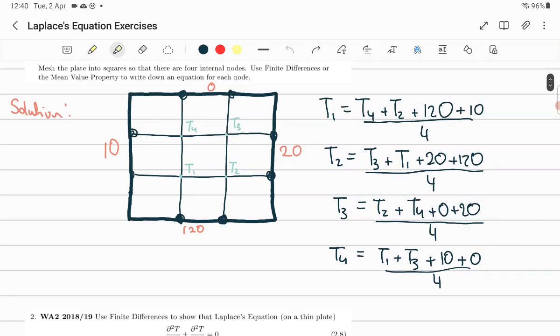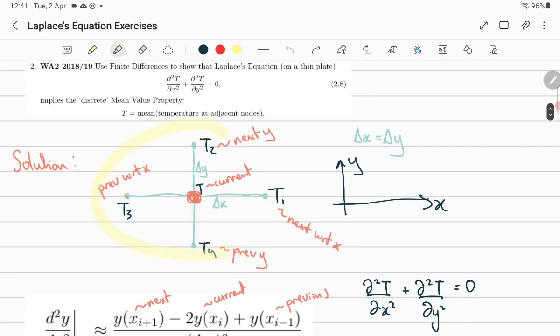And then each of the internal points, look at them, T1, T2, T3, T4, they all have 4 adjacent temperatures. So that's what this is kind of saying, that every point, so the red point in the middle, has 4 adjacent temperatures. And if you have it set up on an axis, and that axis is implied by this, we are approximating a sum of 2 second derivatives at this point here.